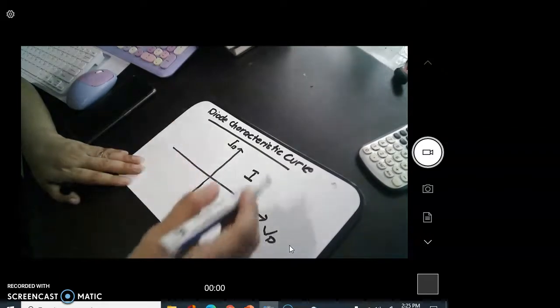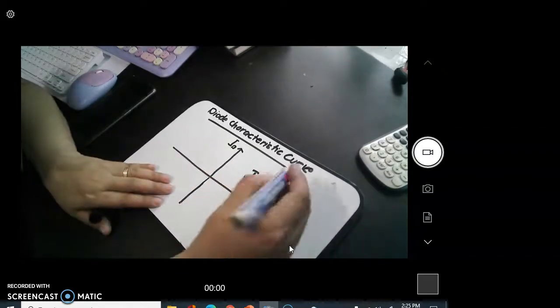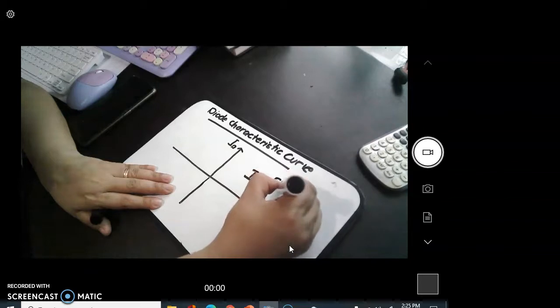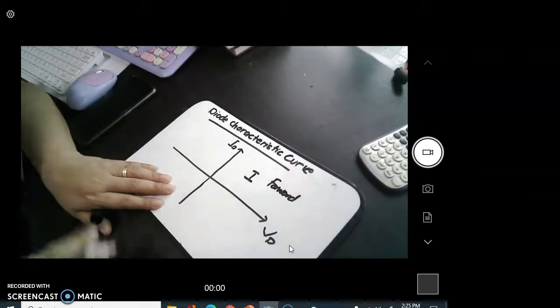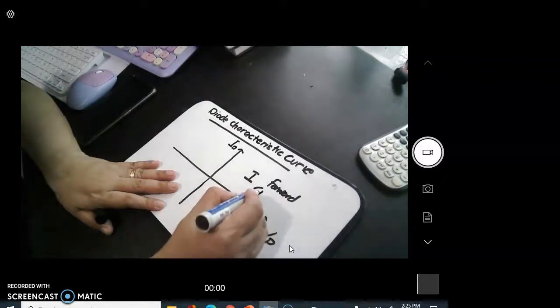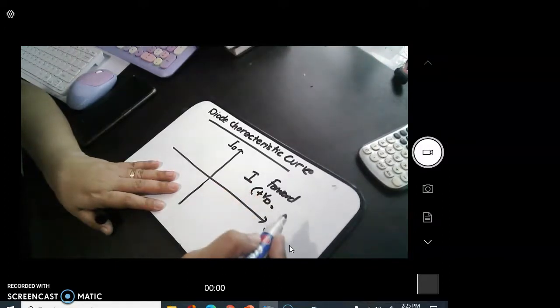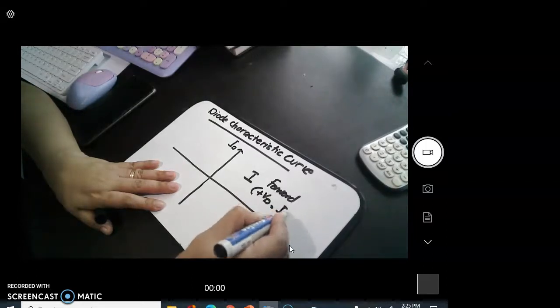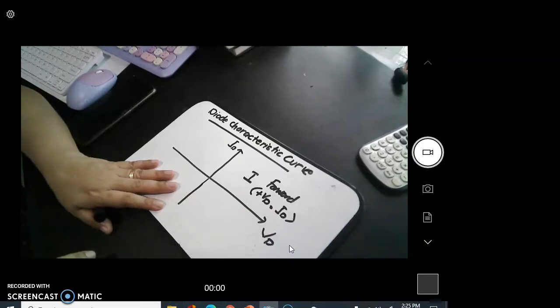Therefore, this region under quadrant 1 is known as the forward bias region, where the applied voltage across the diode is a positive voltage and the current that flows through it is a forward current, which is also a positive value.